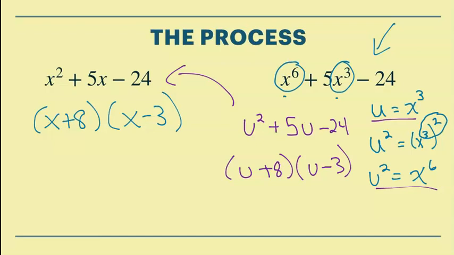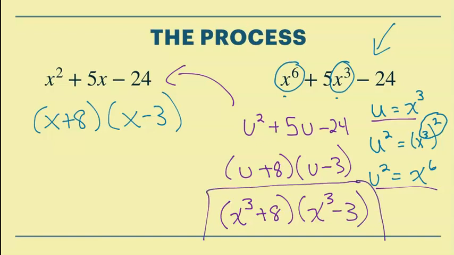So U is the same as x cubed. So now I'm going to call this x cubed plus 8 and x cubed minus 3. And now I have factored out this problem right here into its final factored form. All right, kind of weird. Let's do it again.